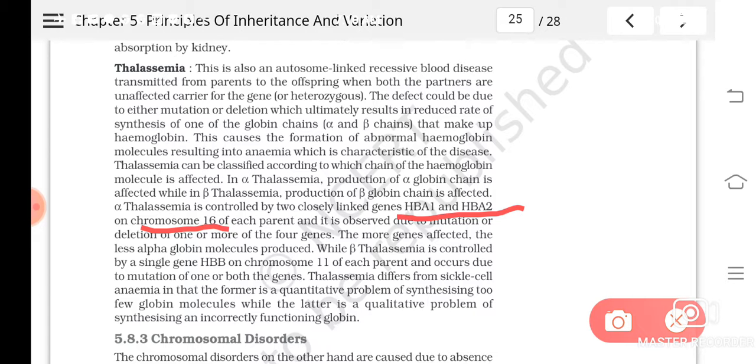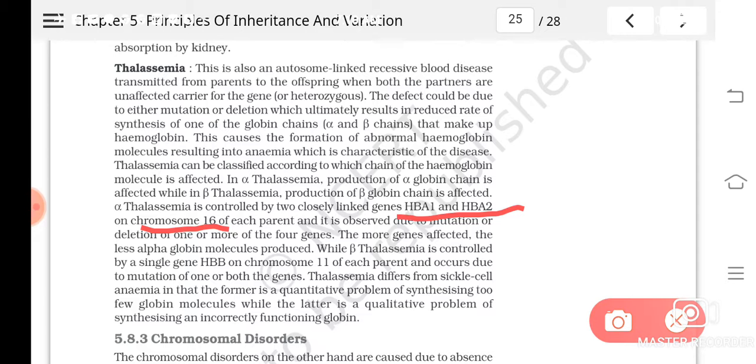Understood? So on chromosome number 16 there are two genes which are closely linked. It will have its other pair also, no? So there are four alleles. Understood? These four alleles will determine the production of alpha globin. So the severity of the disease depends upon how many alleles are recessive.